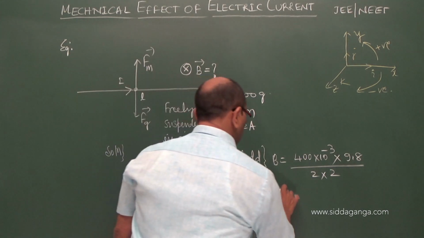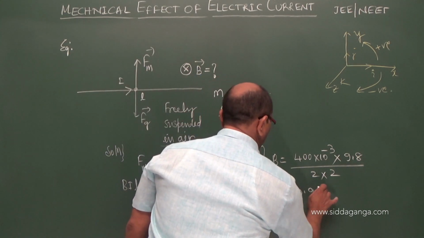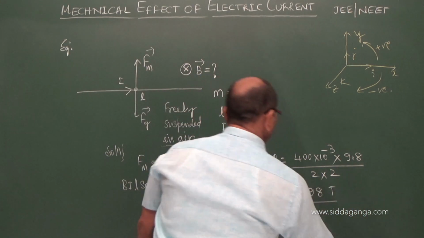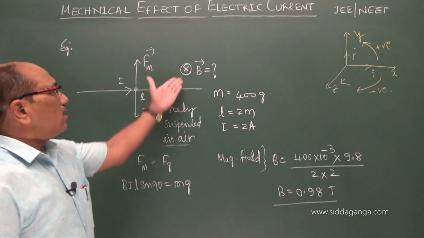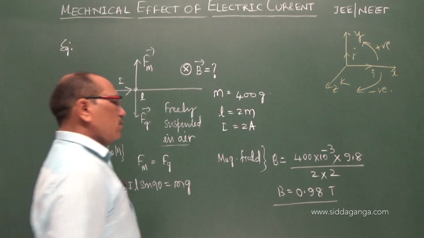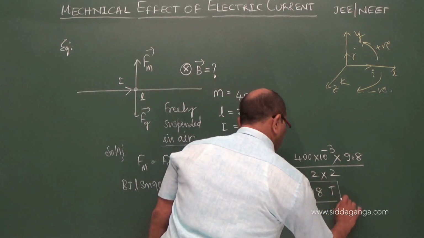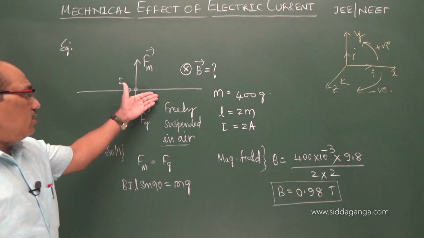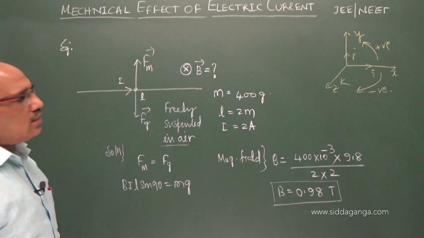The 4 cancels, and this becomes 0.98 Tesla. The direction is already given, no problem. This is the magnitude of the magnetic field necessary for the given wire to hang freely in air.